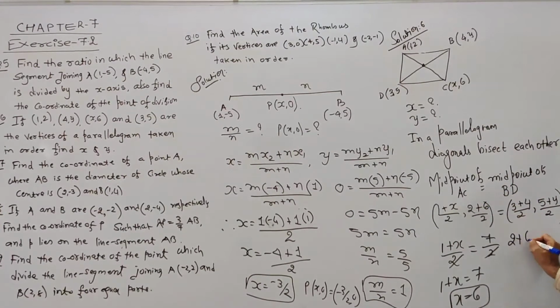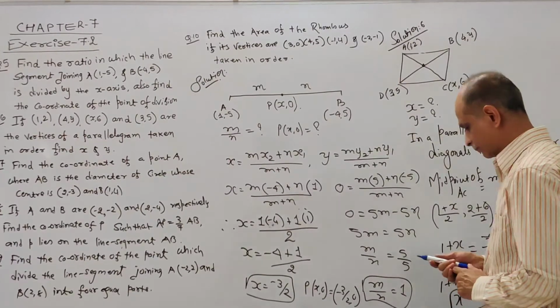So (2 + 6)/2 is equal to (5 + y)/2. 8 by 2 means 4 is equal to (5 + y)/2. You can write 5 plus y is equal to 8. So y is equal to 8 minus 5, which is 3. So the value of x is 6 and the value of y is 3.